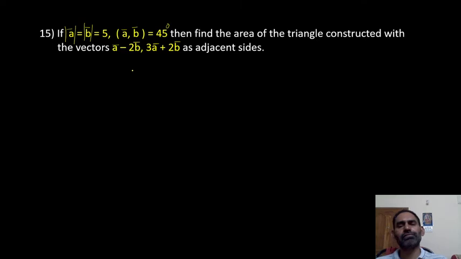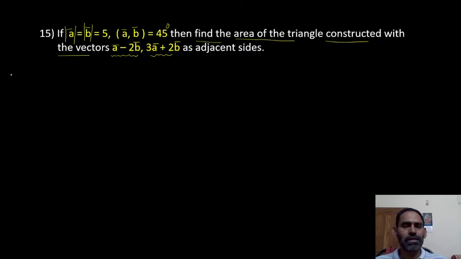Then find the area, very important, find the area of the triangle constructed with these vectors as adjacent sides. We have to find the area of the triangle. These are the adjacent sides of the triangle. So you know how to find the area of the triangle when adjacent sides are given.